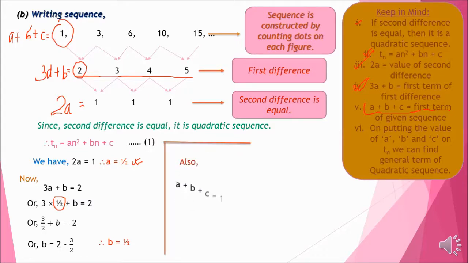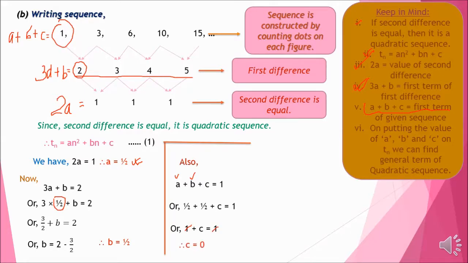You can see a plus b plus c is equal to 1, and we have the value of a, it's tick. We have the value of b, it's tick. So the value of a is 1 by 2, the value of b is 1 by 2, plus c is equal to 1. Half and half will equal 1, and this 1 and 1 will get cancelled, then the value of c is equal to 0.